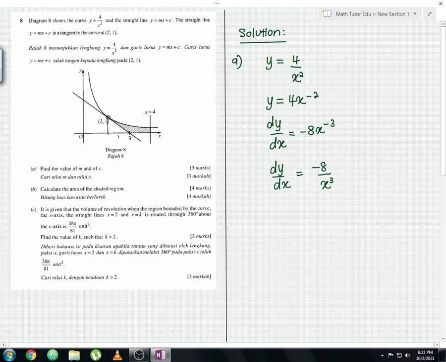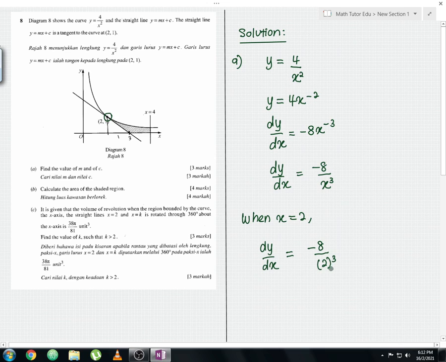But then in the question, they already give us a particular coordinate, which is 2, 1. So we're going to find the gradient of tangent at the particular point, which is 2, 1. So from here, when x is equal to 2, your dy dx, which is also known as the gradient of tangent, will be equal to negative 8 divided by 2 cube. 2 cube you will get is 8.